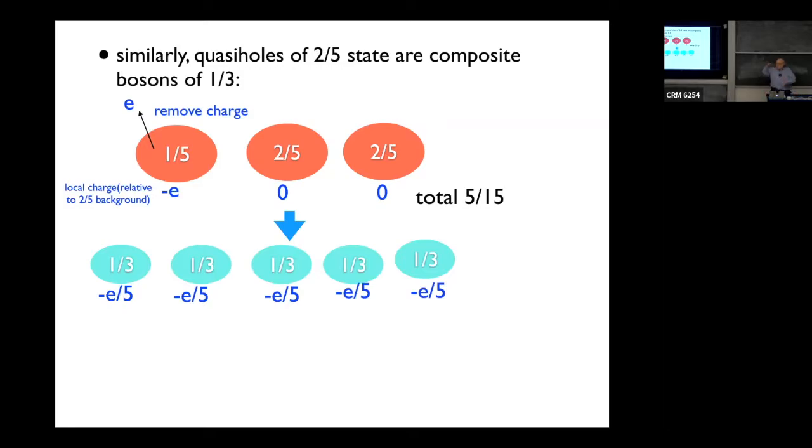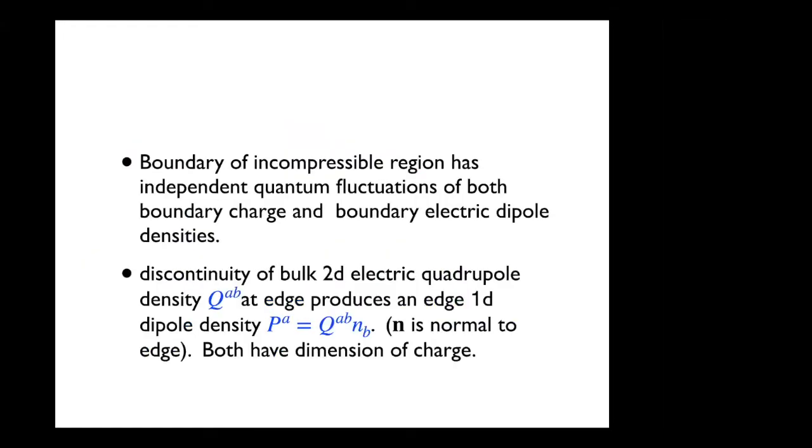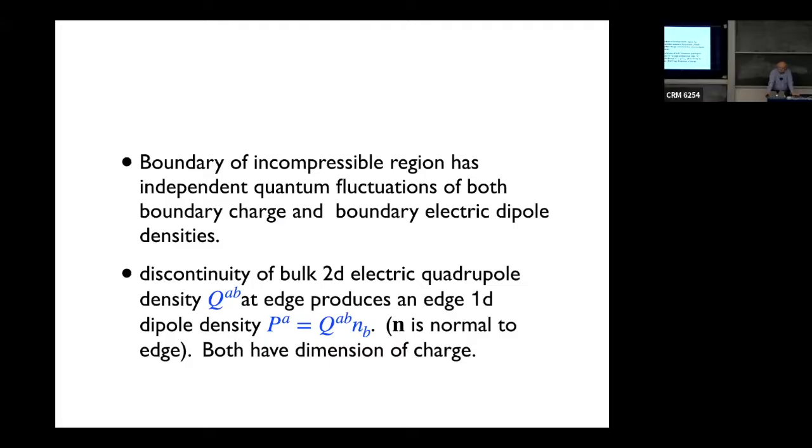So it's a symmetric picture on either side of this lake to mountain transition, where you go between a sea of 1/3 with a few 2/5 floating around it to a sea of 2/5 with a few residual 1/3. Okay, so the boundary of the incompressible region has independent fluctuations of both boundary charge and boundary electric dipole densities, right?